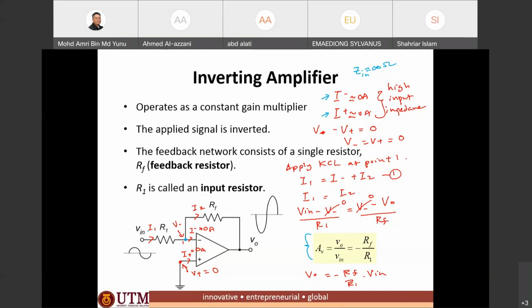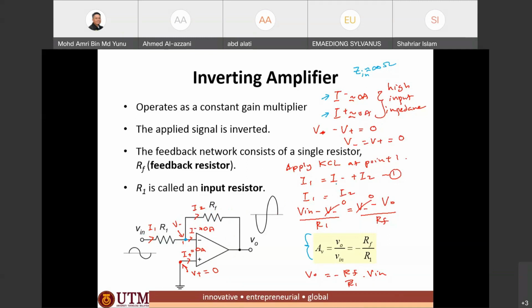So I1 is the current that flows through R1, between V in and the inverting point, whose potential is V minus, and then I2 is the output current that flows through the RF resistor.